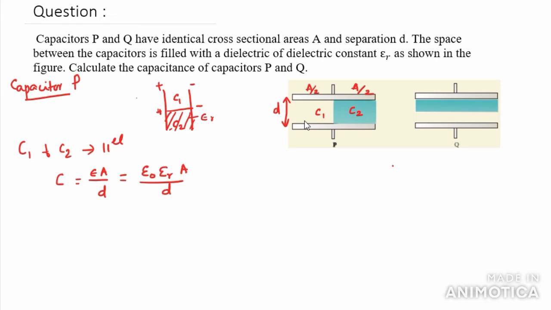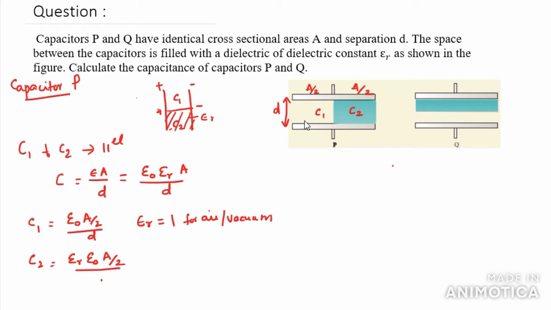So the capacitance of the first capacitor is C1 equals epsilon naught A by 2 by D. Here epsilon r is 1, since there is no dielectric medium present, only air or vacuum. And for C2 it is epsilon r epsilon naught A by 2 by D.